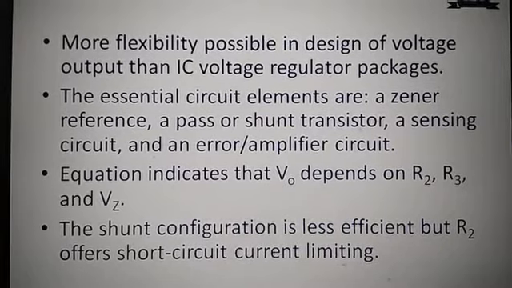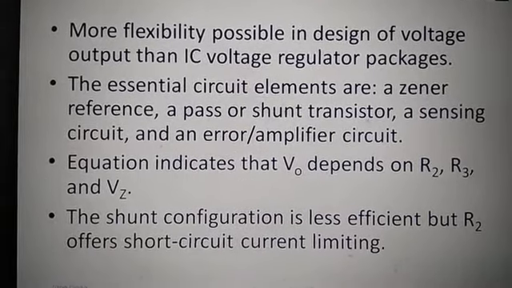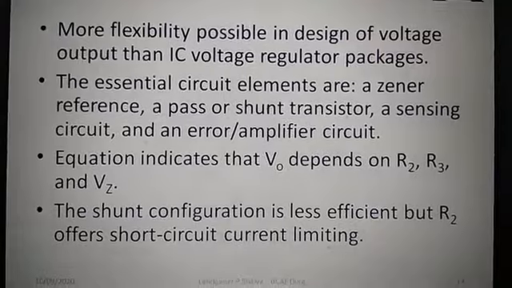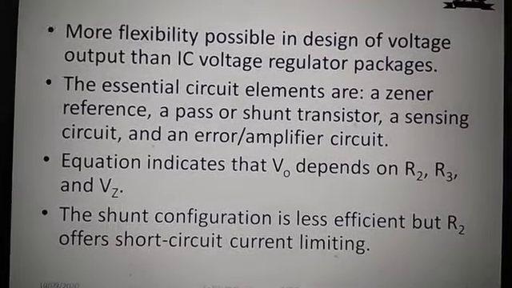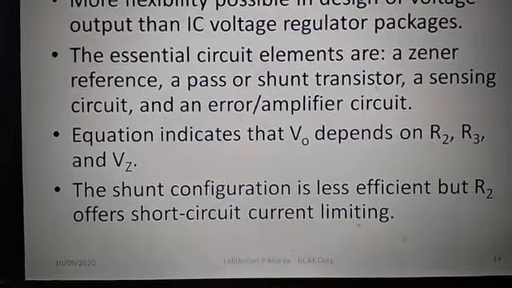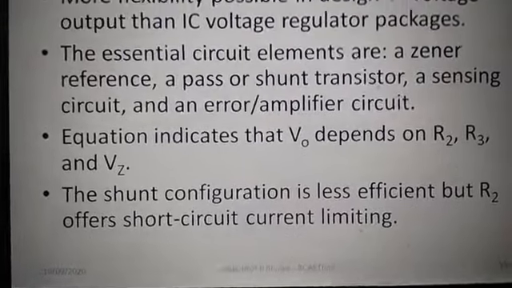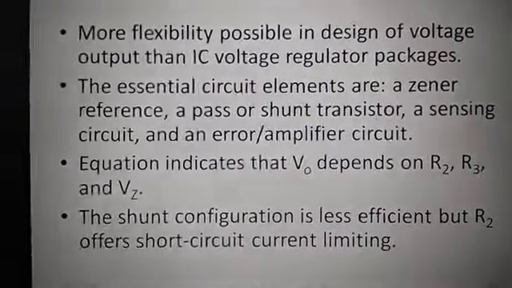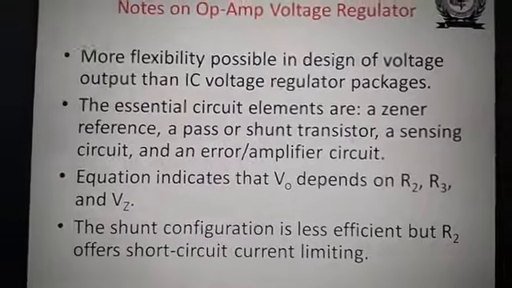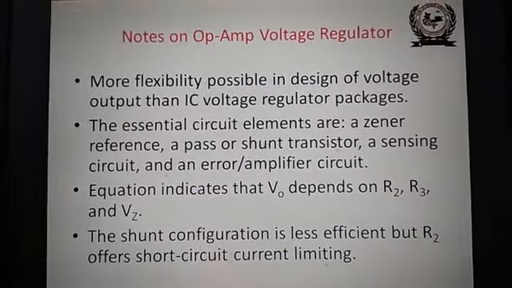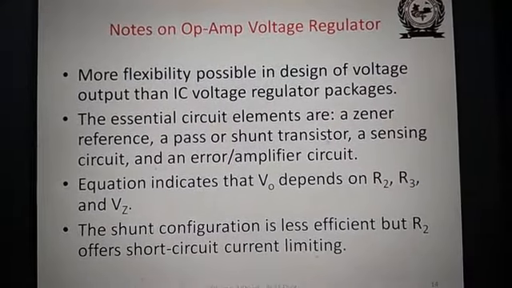Sensing circuit means feedback circuit. The equation indicates that output V0 depends upon R2, R3 and Vz. The shunt configuration is less efficient, but R2 offers short circuit current limiting.